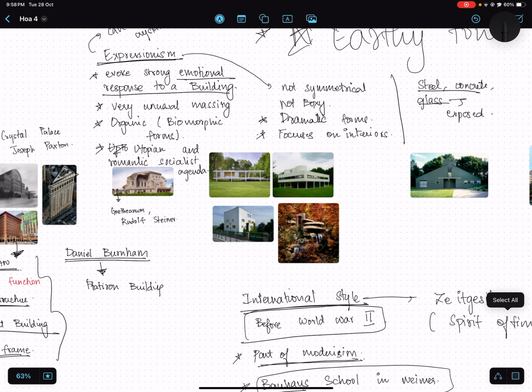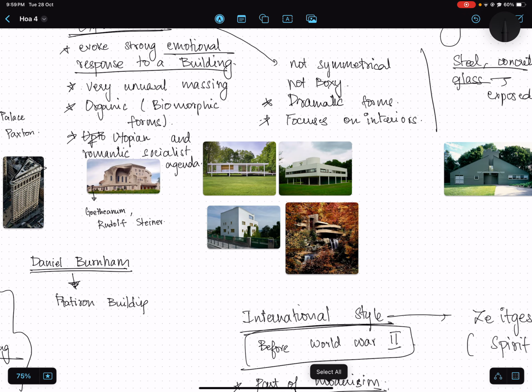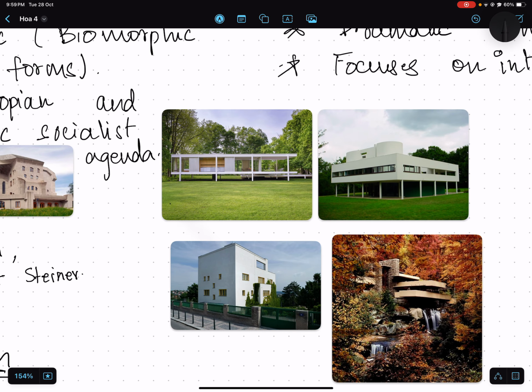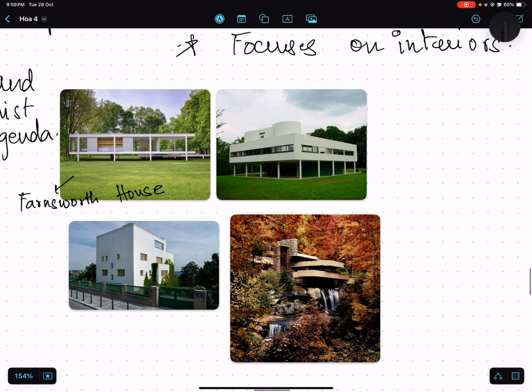So if you see, this involved a lot of architects, as I talked about Mies van der Rohe. So this is your Farnsworth House in Illinois by Mies van der Rohe. And we have Le Corbusier's Villa Savoye.